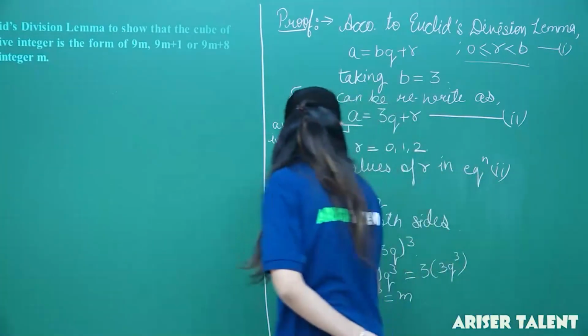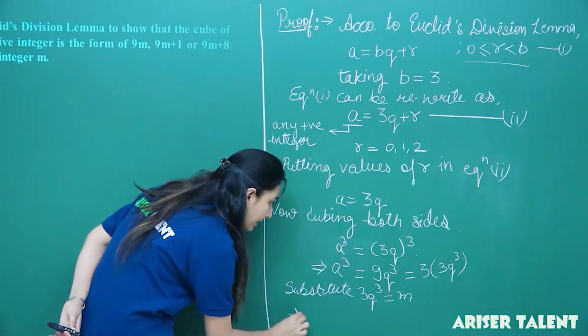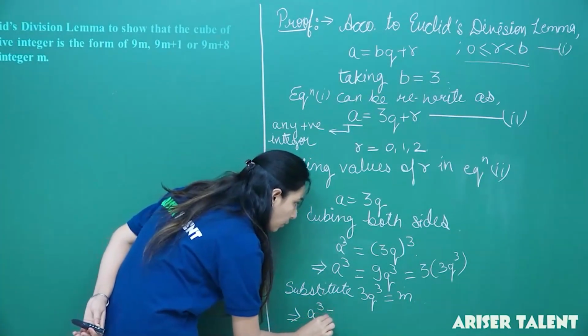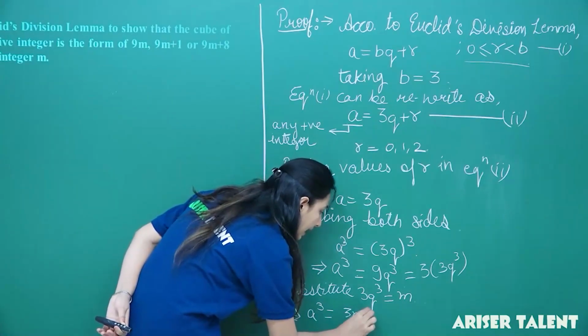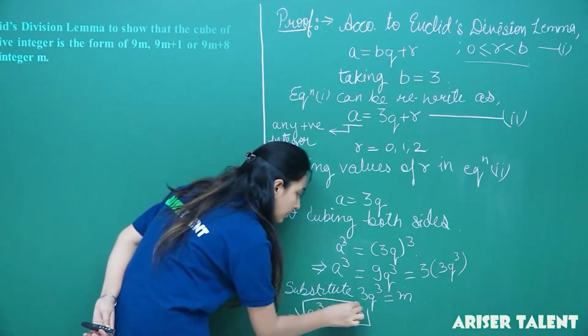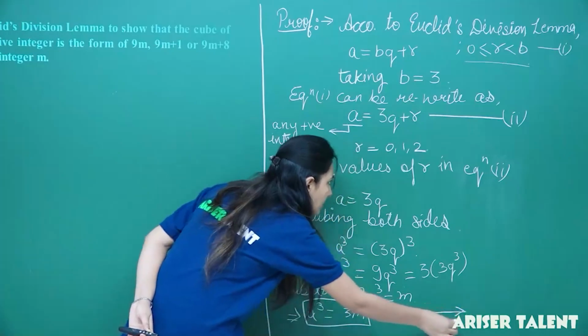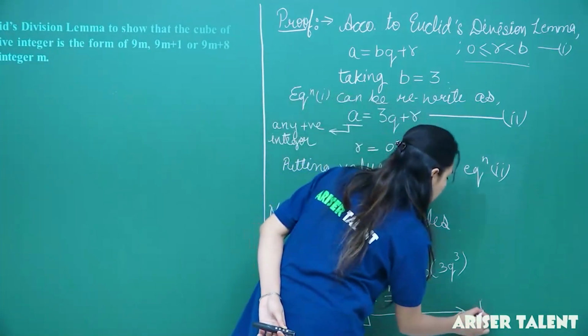Okay. Implies that a cube equals 9m. That's our equation.